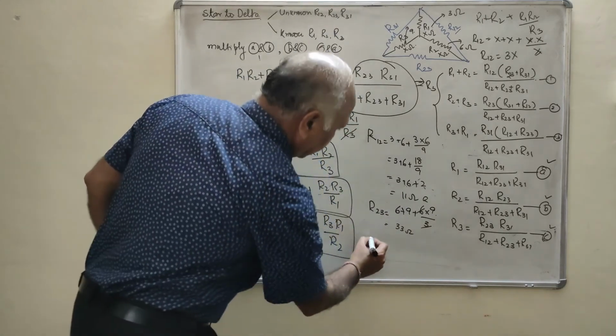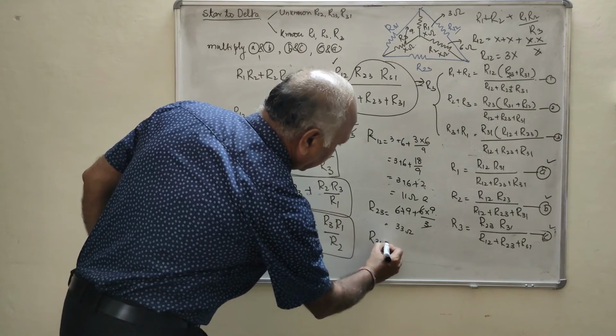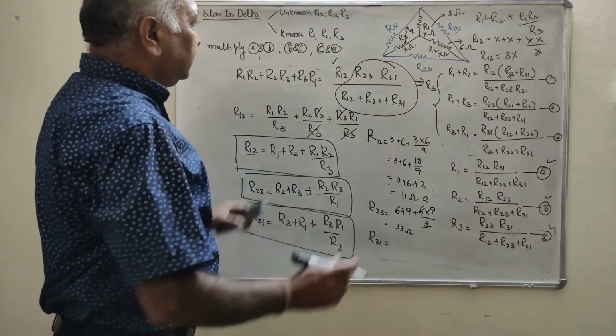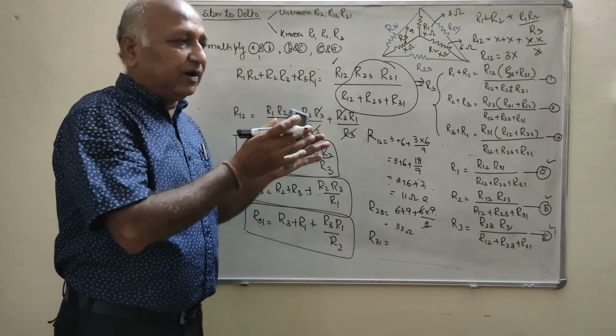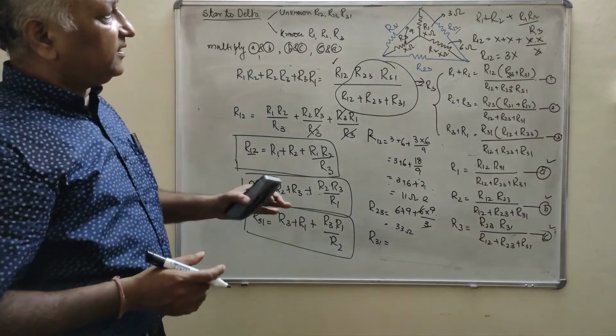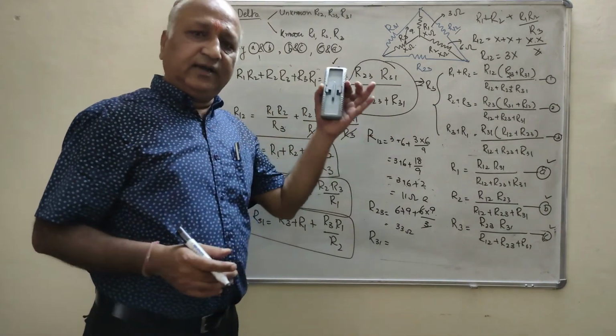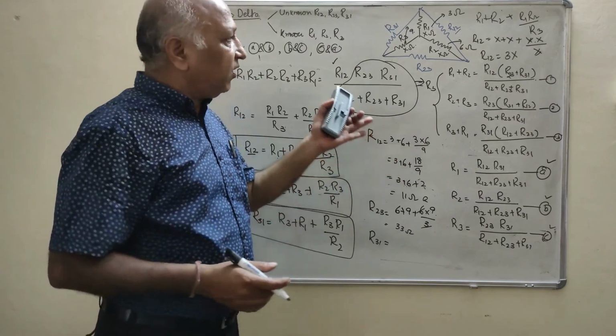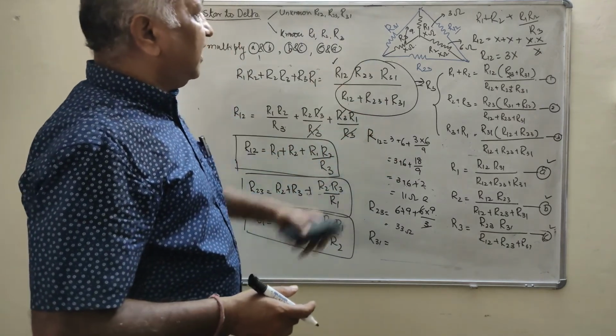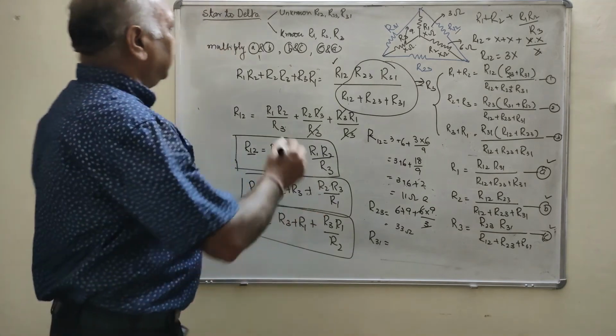Clear? Similarly, you can find the value of R31. This type of small conversion question is asked in objective questions in university examinations, and also in competition examinations.